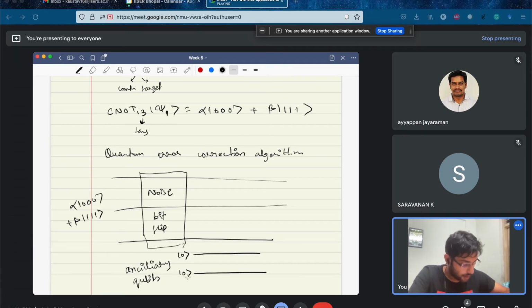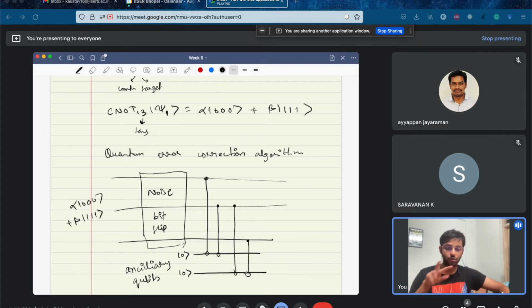Okay, and you put a C naught gate, so you have put two C naught gates coupling the first qubit to the first ancillary, second qubit to the first ancillary, and similarly second to the second ancillary and third to the second ancillary. Now let's see what it actually does.